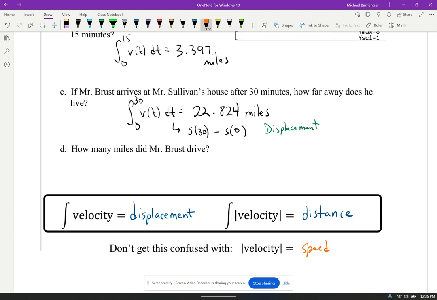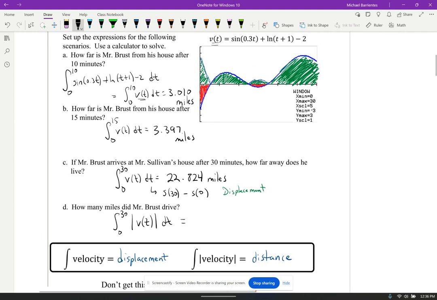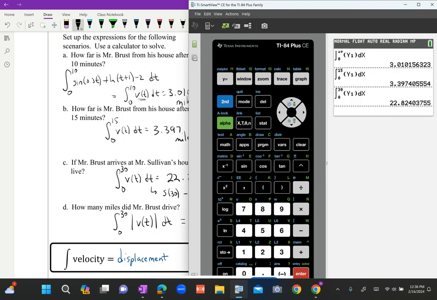So going back to letter D, how many miles did he actually travel? Well, he went in the first 30 minutes, because that's how long it took him to drive there, the absolute value of this dt. That's what we need to figure out. And so in theory, the total distance should be more than the displacement, right? This one just factors in where he started, where he ended, and the distance between them. But since he went off course when he got lost, then we need to see a number that's bigger than that.